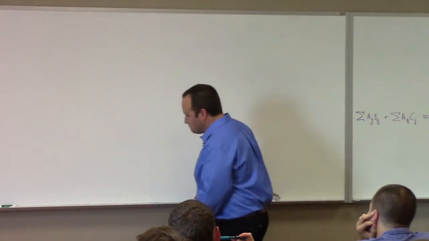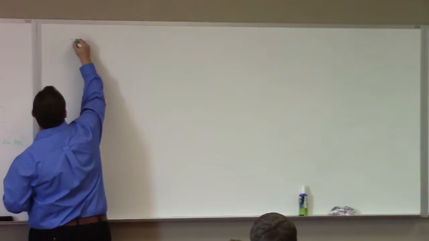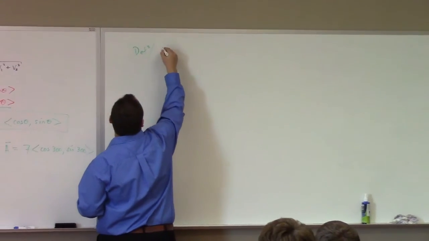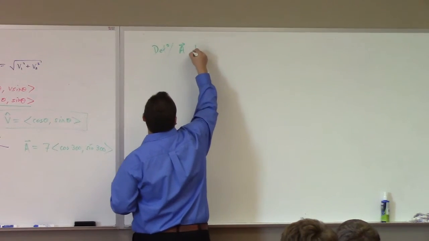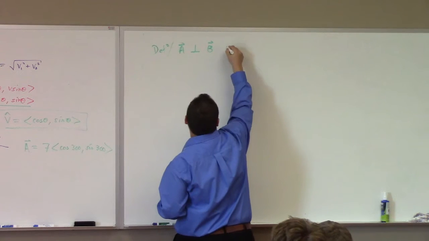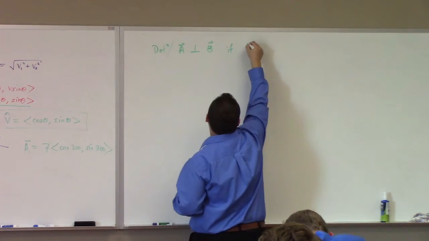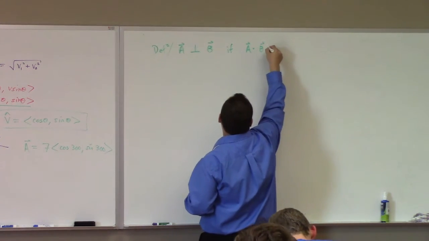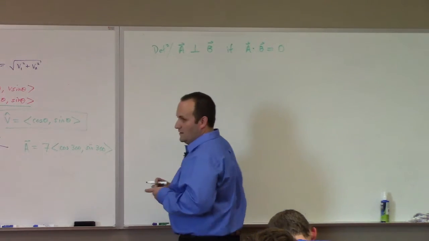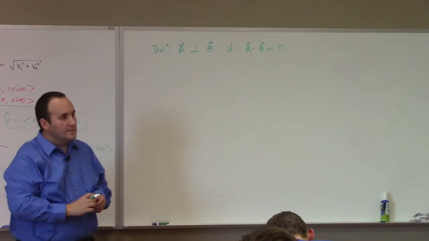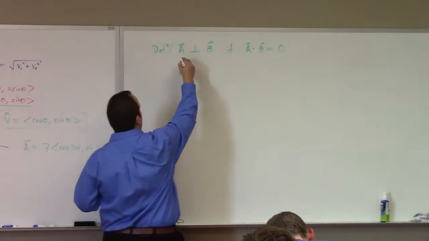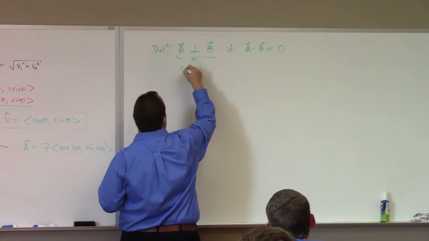All right, definition. A is perpendicular to B if A dot B is equal to 0. Now, I say perpendicular, but you could also say orthogonal.